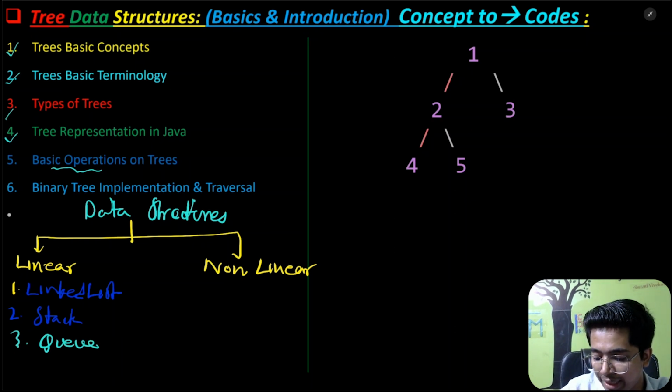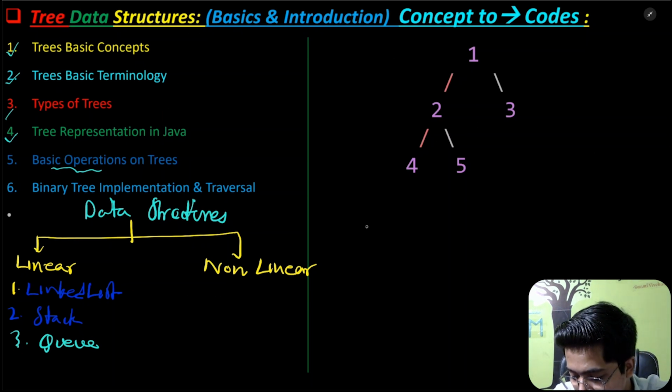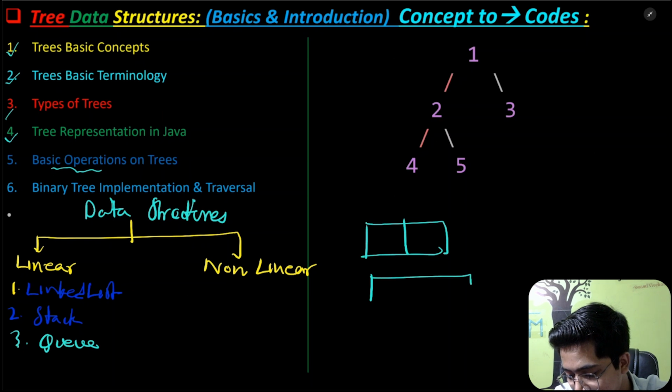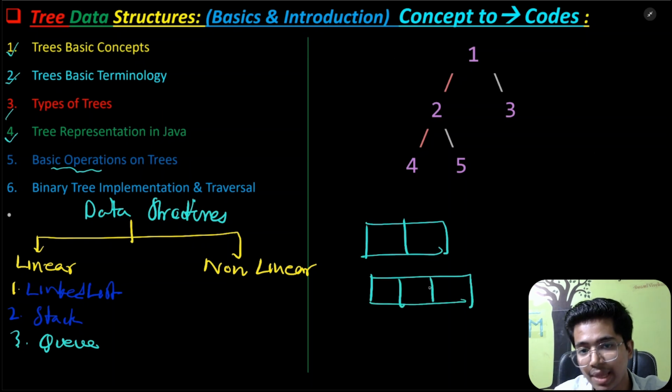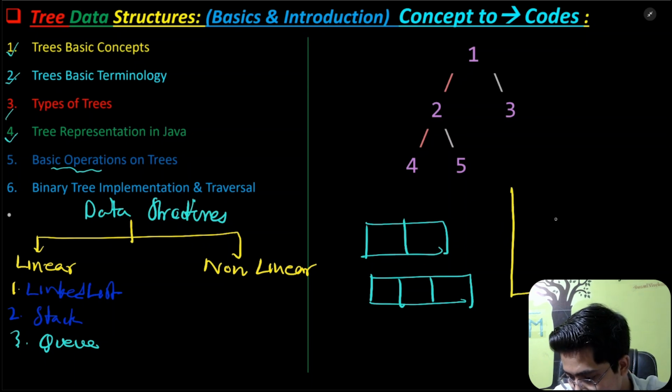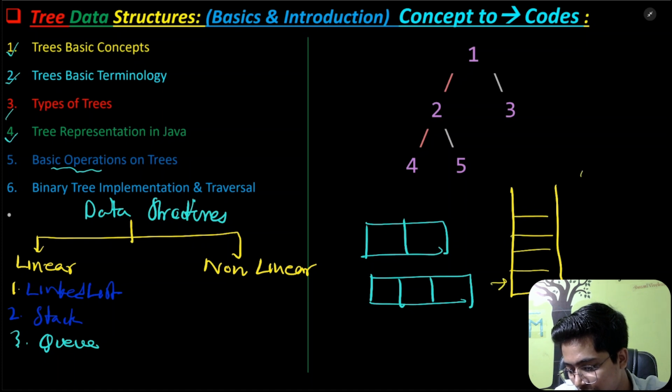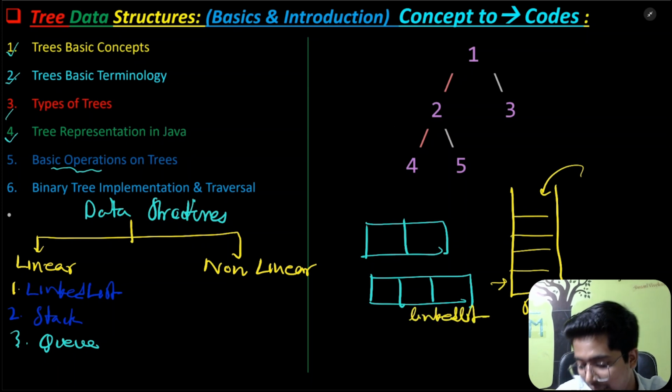If we talk about the linked list, the architecture of a linked list is like this. This is linear in structure. If we talk about the stack, the stack has a structure like this, and we keep inserting elements from the ground position.